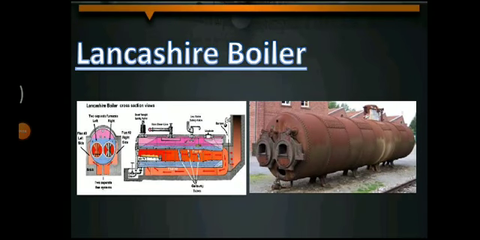Good morning to all. In the unit, we are discussing the types of boilers. Previously we discussed the locomotive tube boilers, and the second one is the Lancashire boiler, which is another type of high-production or high-ratio boiler.